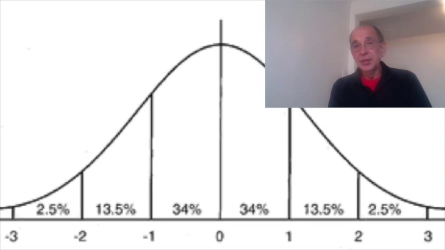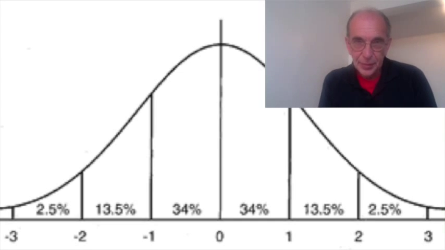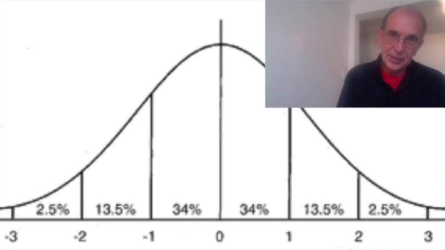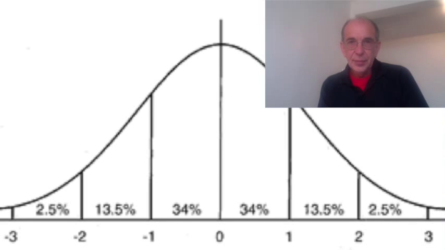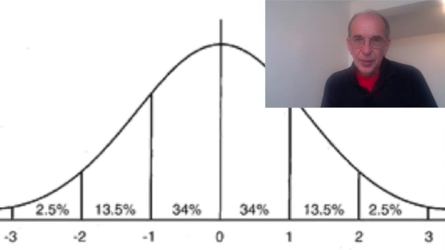That's required, actually, when you norm an assessment. The process of norming an assessment is making sure that you do get this bell curve performance pattern from any group of people in that matched population who receive the assessment.